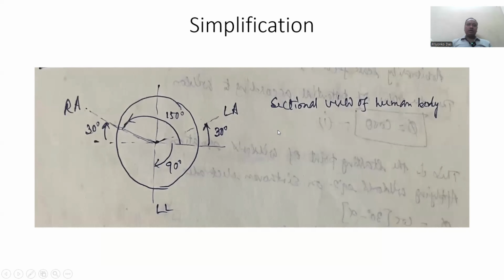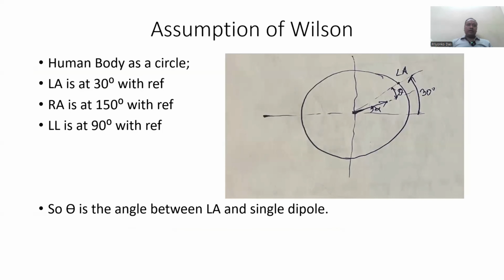This is as per the assumption of Wilson himself, who assumed the human body as a circle in cross-sectional view. The reference direction is the horizontal direction.